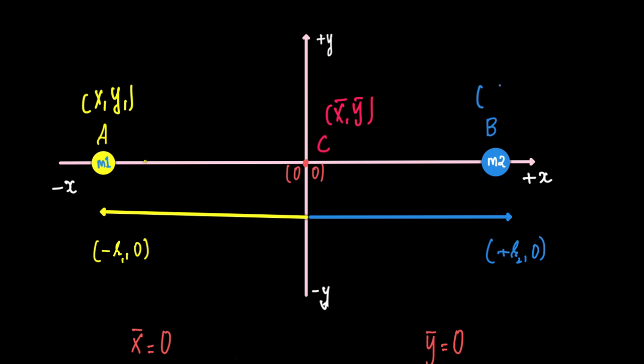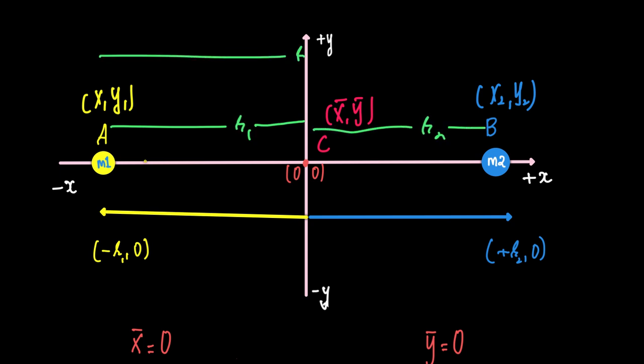B is the location of mass M2, which has the coordinate x2 comma y2, right? Now what is the value of x1? The value of x1 is the distance between A and center of mass, which we assume to be r1. And the distance between center of mass and B, we assume to be r2, where the complete distance between them is r.